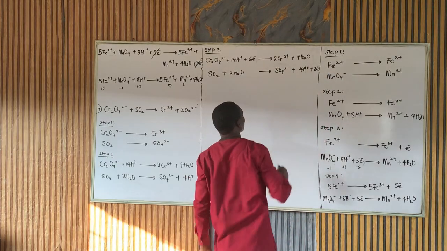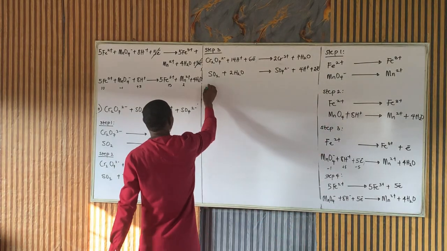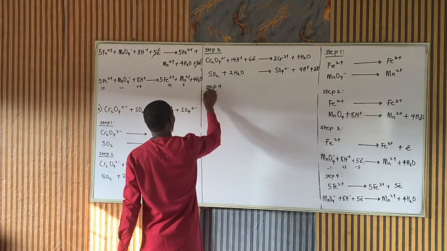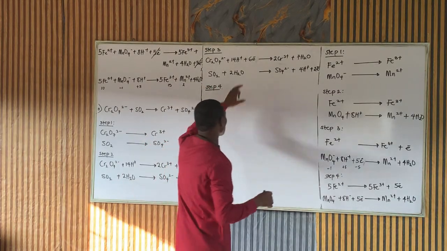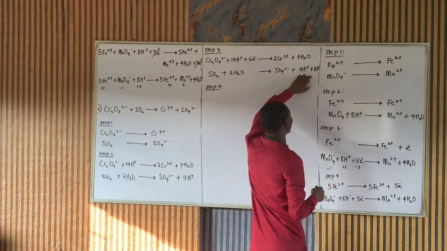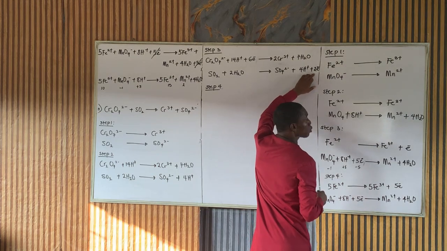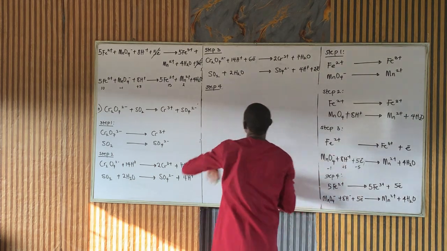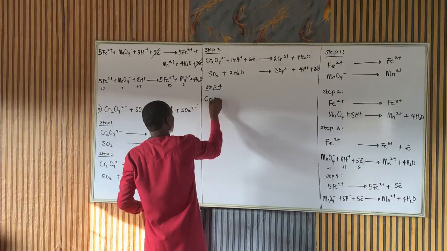Having done that, the next one is to balance the electron, which is step 4. Now to balance the electron, how many electrons was used here? That's 6. How many electrons was used here? That's 2, sorry. So I multiply everything here by 3. So the first one remains the same.